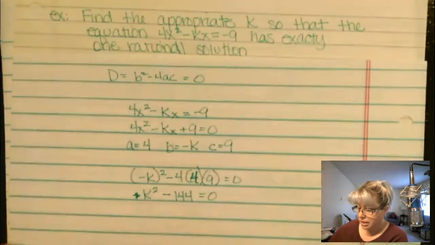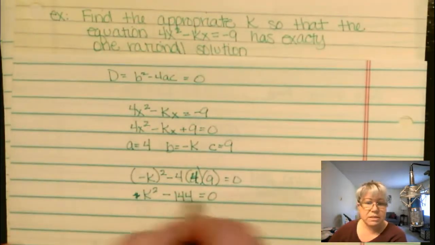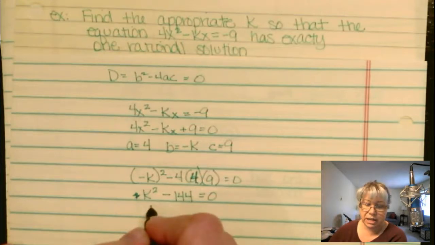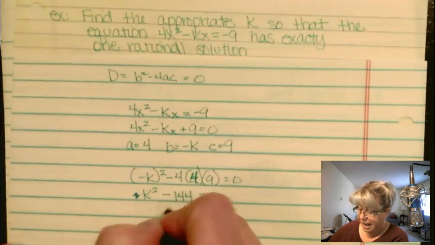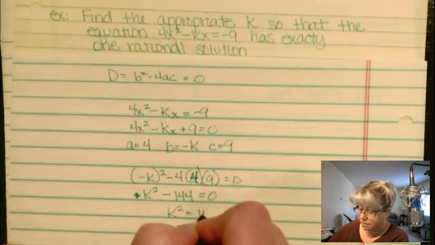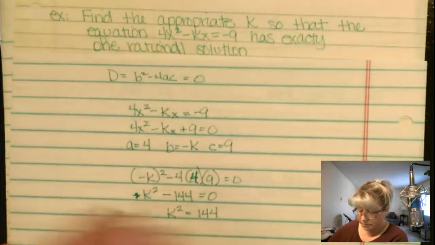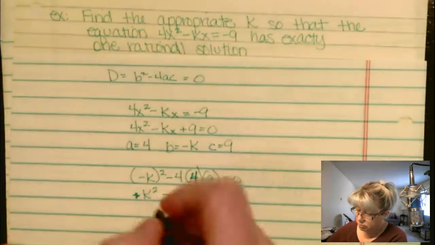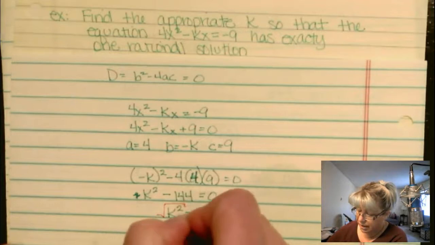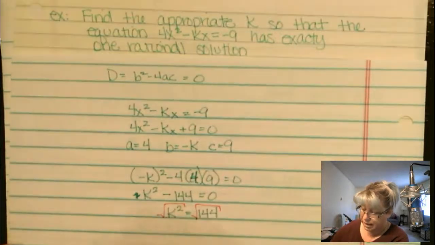There's 0. Therefore, now I can use my skills to solve this quadratic equation. I'm going to add 144 to each side. k squared equals positive 144. Take the square root to solve for k, because I am looking for the value of k.